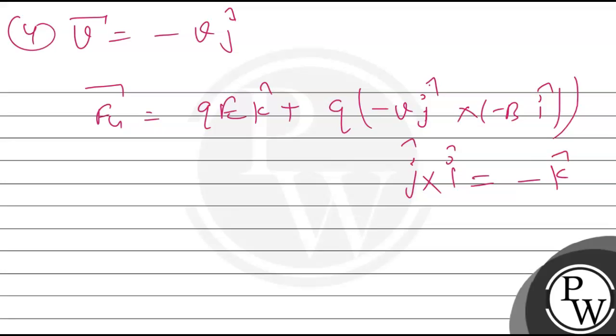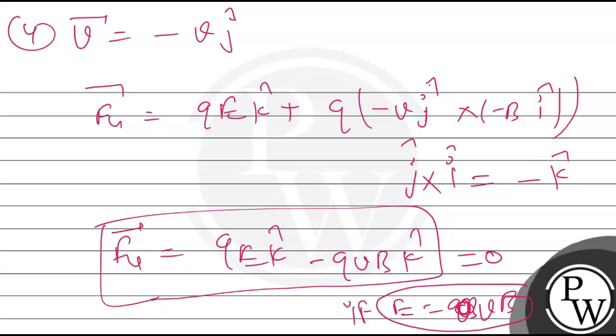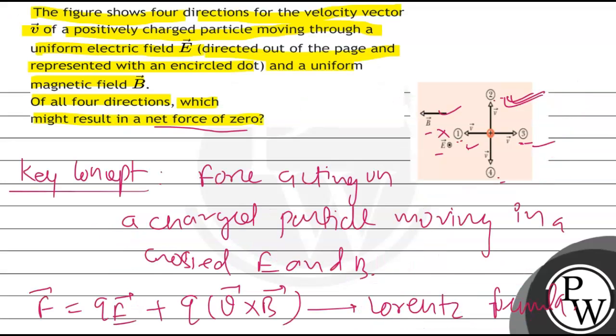So from here we can write F4 is equal to QE k cap minus QVB k cap. Here we can see that this force can be equal to 0 if E is equal to VB. So case number 4 is our answer, where the net force acting on the charged particle can be equal to 0.